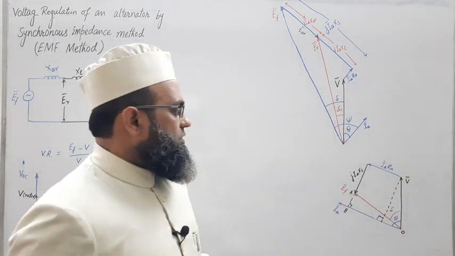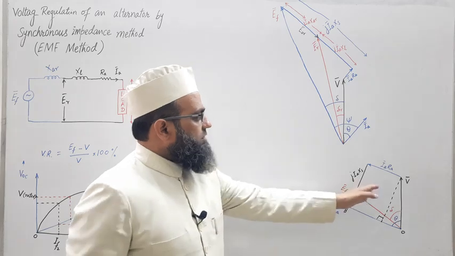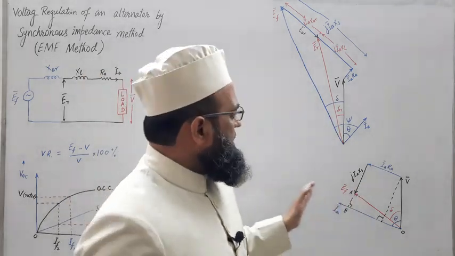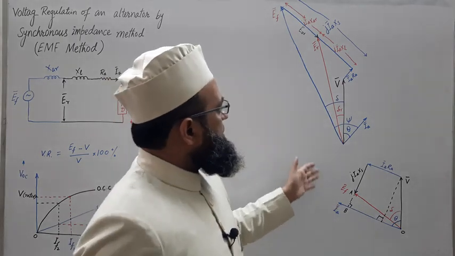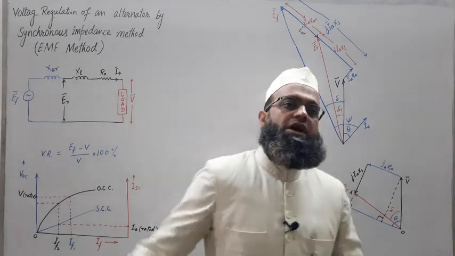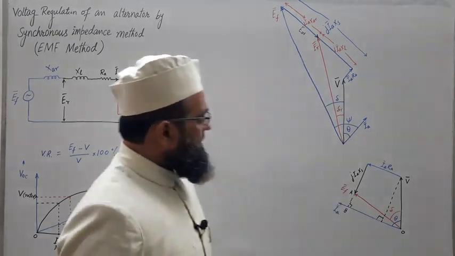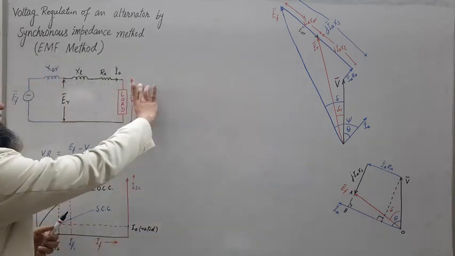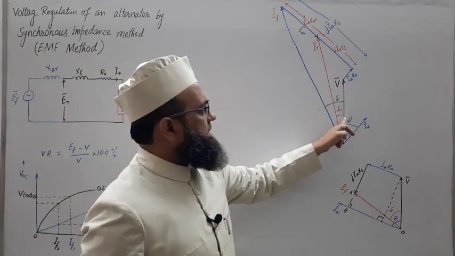For a leading power factor load, the phasor diagrams have already been discussed in the previous lecture. If you are facing difficulties in understanding these phasor diagrams, you may watch that particular lecture. Briefly I can explain. This is the terminal voltage V, this phasor is represented here.